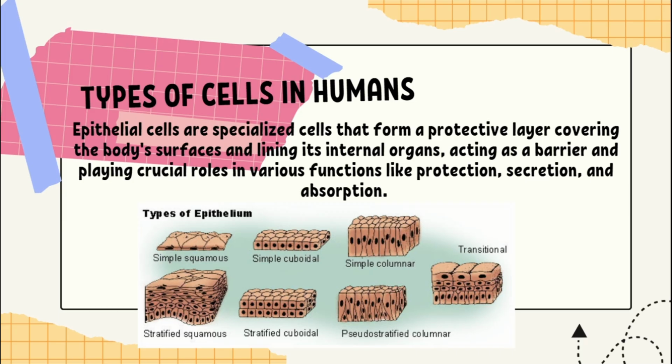They form protective layers, covering the body surfaces and lining internal organs, right? So most organs have an epithelium. For example, we look at the stomach, we have special epithelial cells, and even in the intestine.